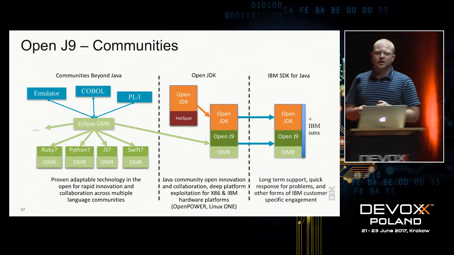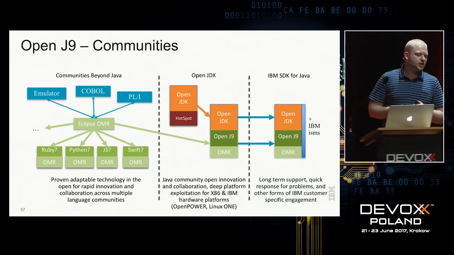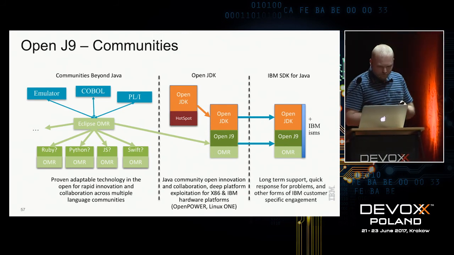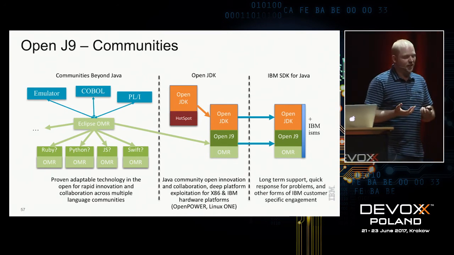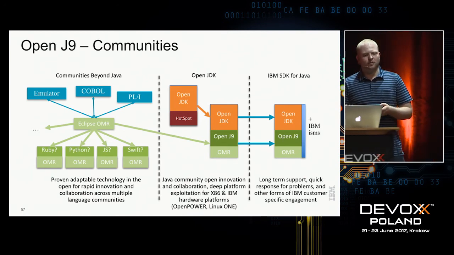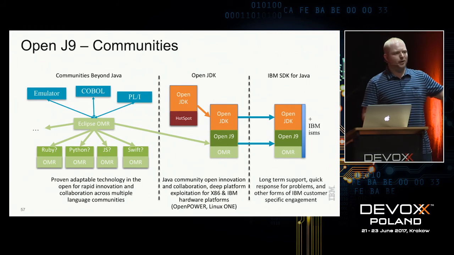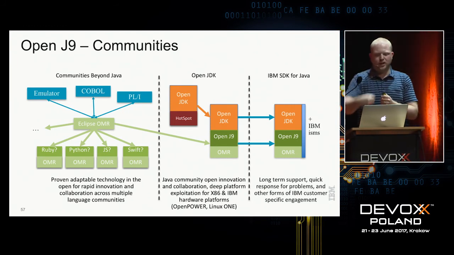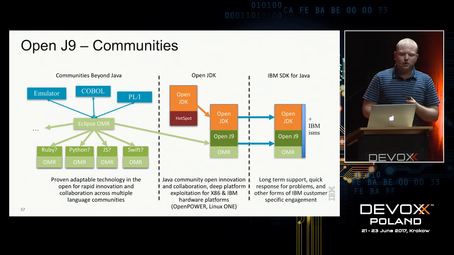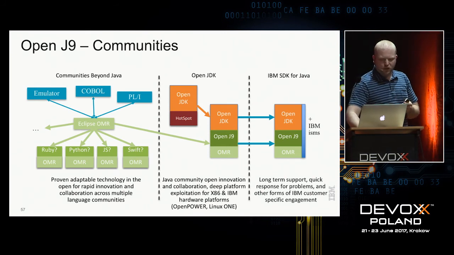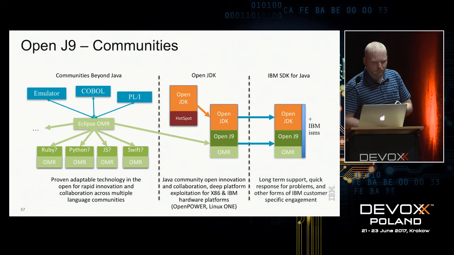And J9 also uses the open source class libraries from OpenJDK. So, in fact, J9 is really a distribution of OpenJDK where we took out the HotSpot VM and we put in the J9 VM. So most of the code is already open, and the core of J9 is the one that's coming soon.